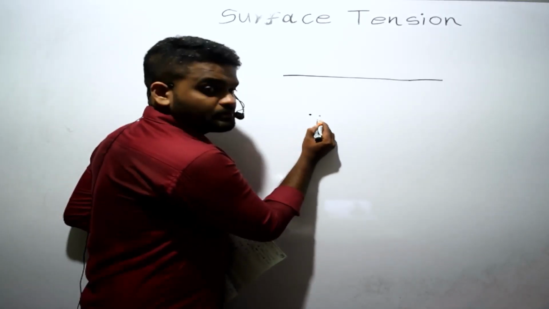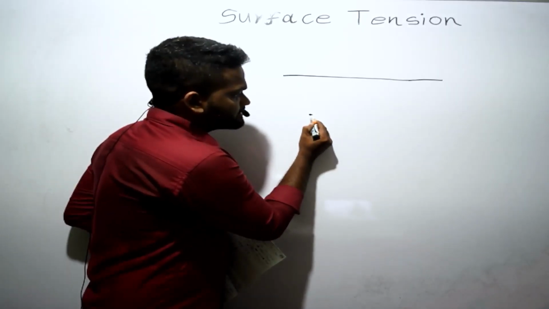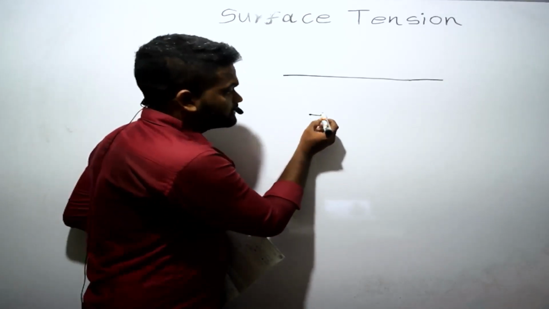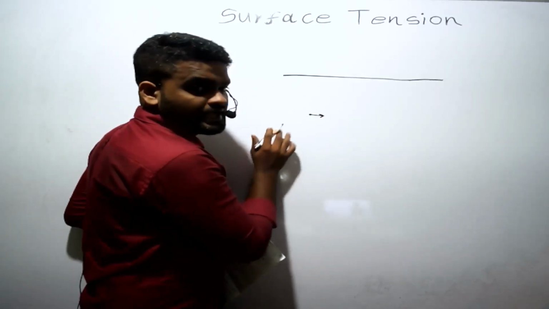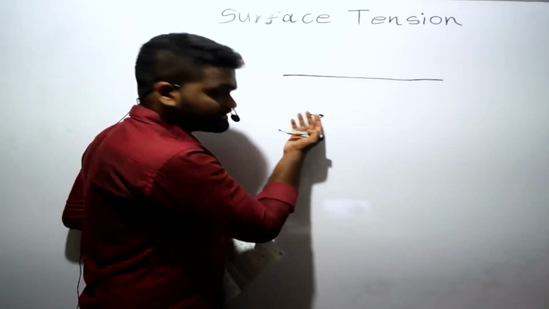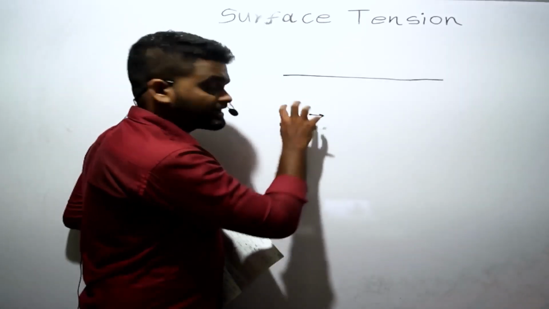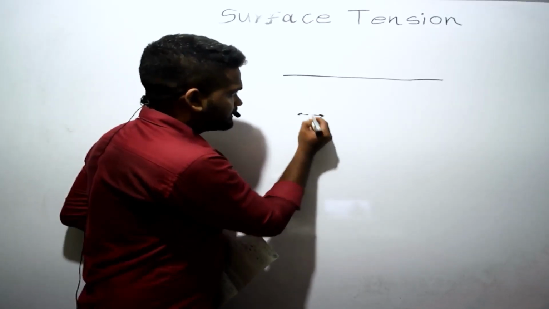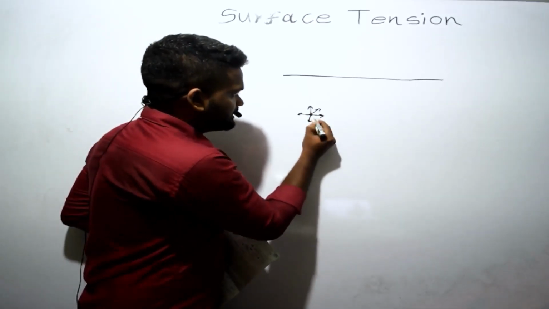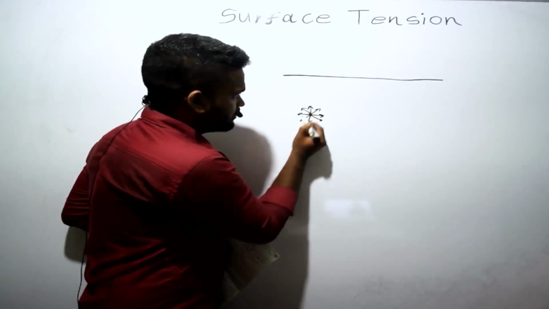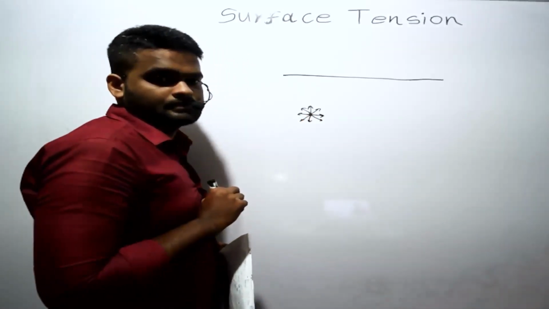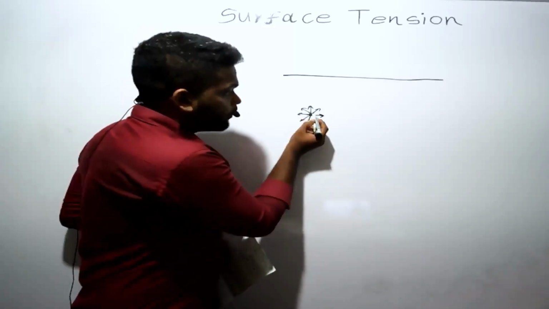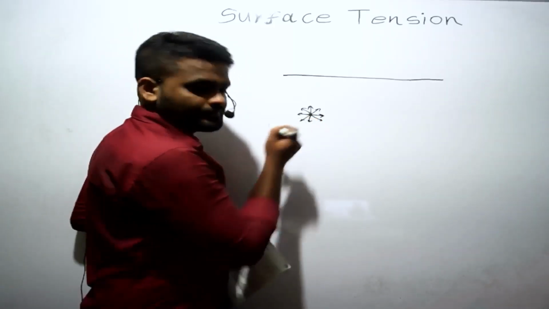Adjacent to that there's a water molecule, and it exerts a force like this, to this direction. And surrounding that water molecule there are other water molecules, and symmetrically these forces act on this water molecule, right? Here you can see all these forces are balanced.